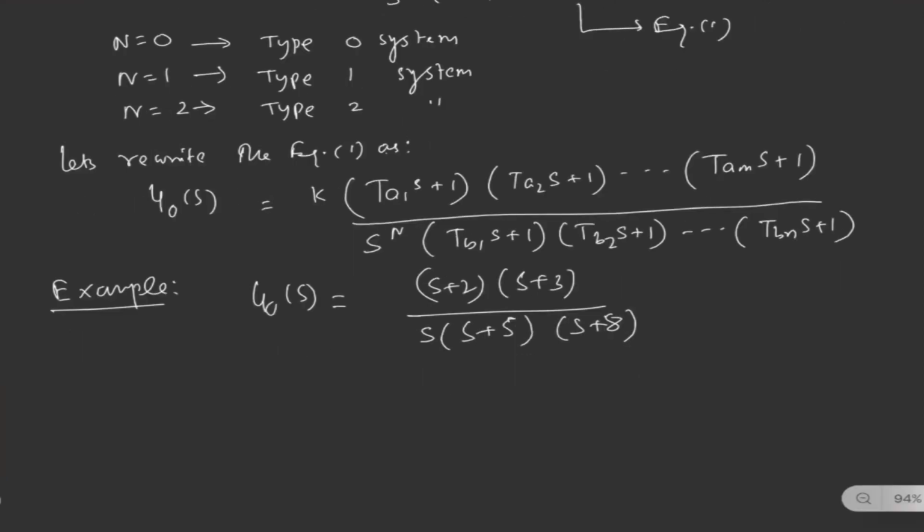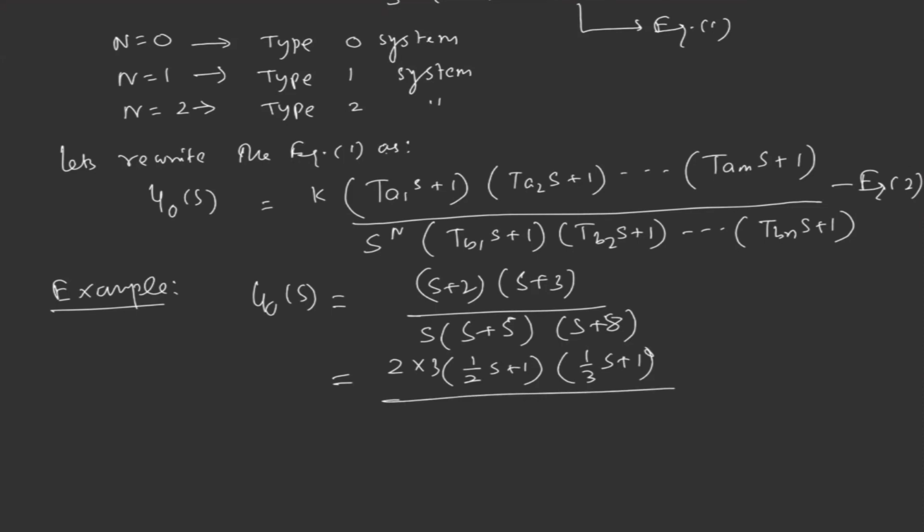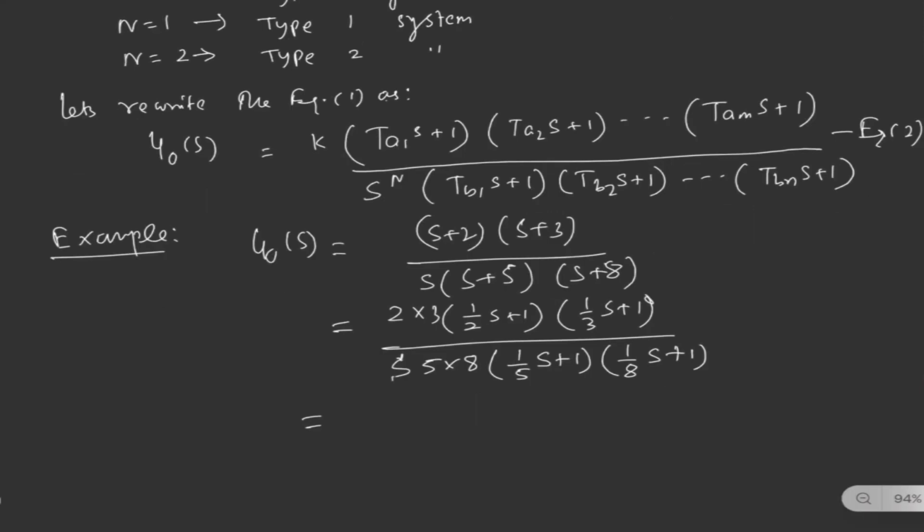And if you want to write in terms of equation 2, we can take 2 common and 3 common. 2 into 3, if we take common, we can write 1 by 2 S plus 1, 1 by 3 S plus 1, and if we take common 5 and 8, 5 into 8, we write 1 upon 5 S plus 1, 1 upon 8 S plus 1. We can write 6 divided by 40.